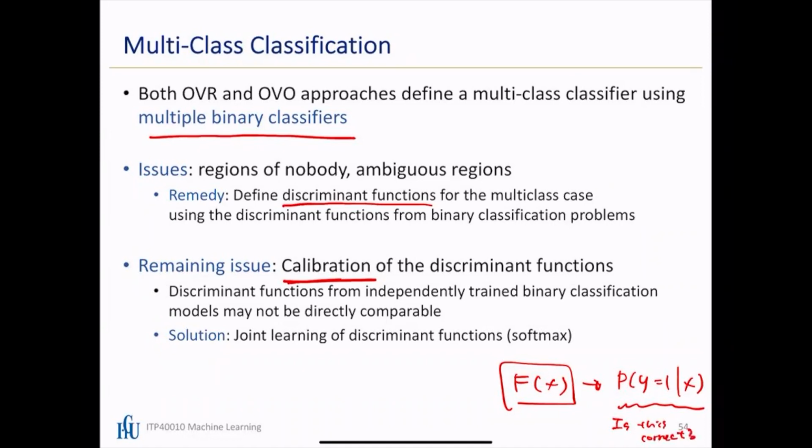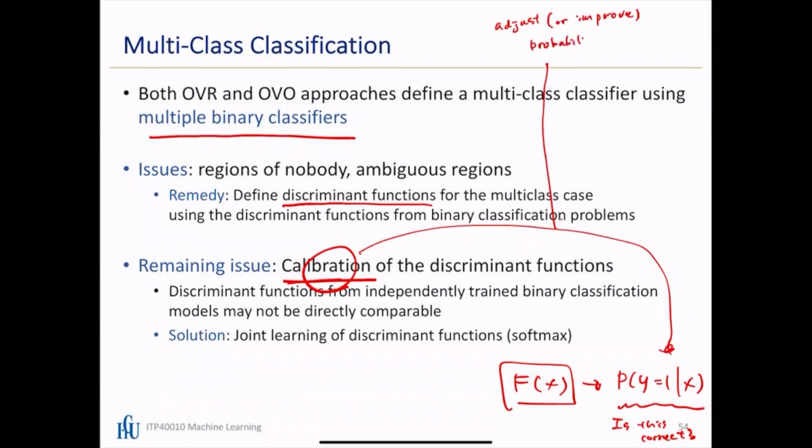Calibration is a task to adjust the probability estimate to return a more accurate or more precise probabilistic estimate. That is what calibration is for.